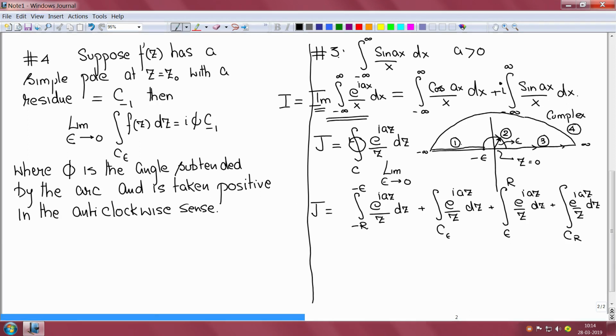In future I will shorten this way of writing it because we have just started. I am giving you the full form.